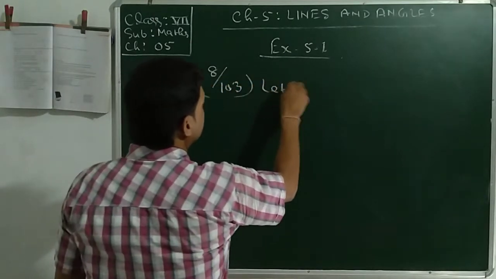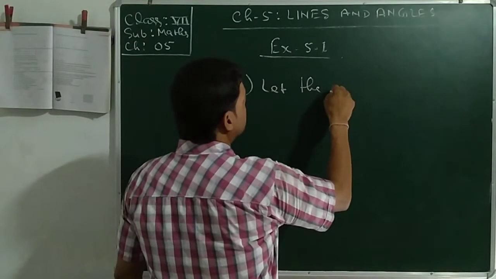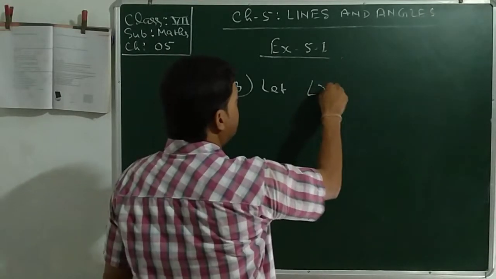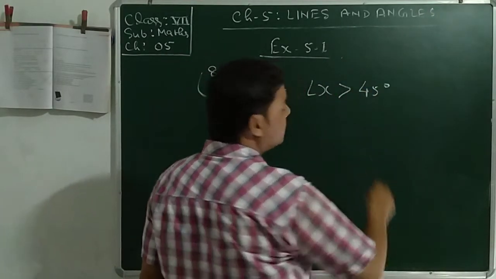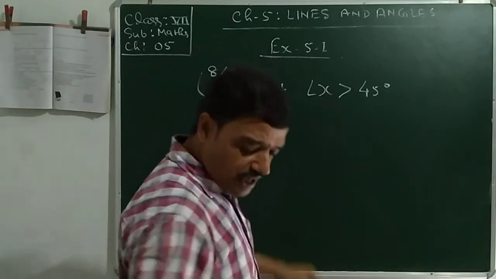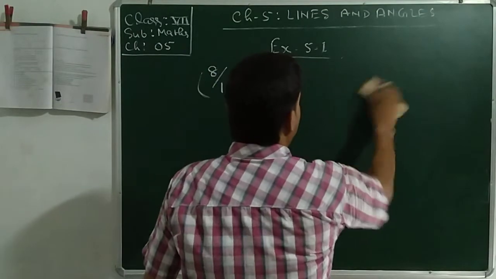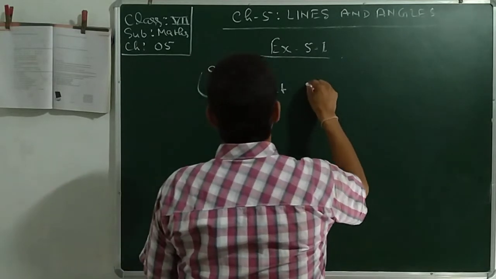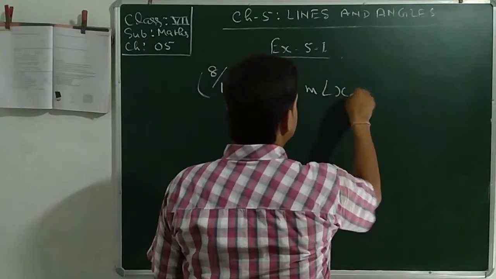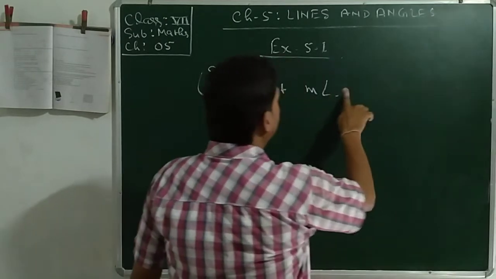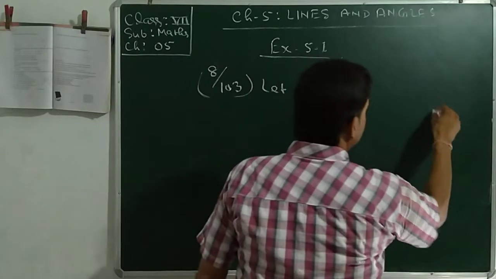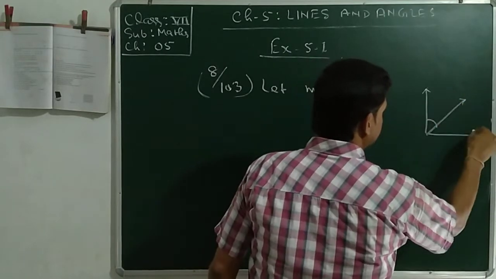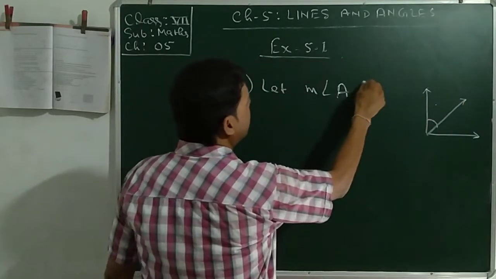Let angle x be greater than 45 degree. Let the measure of angle x equal the measure of angle A, it's more than 45 degree.